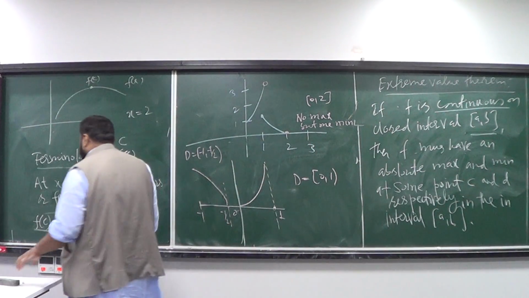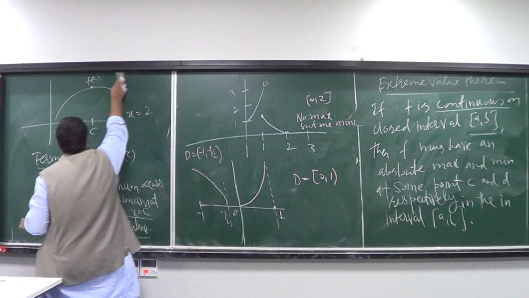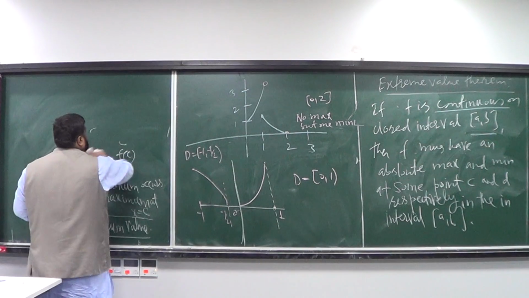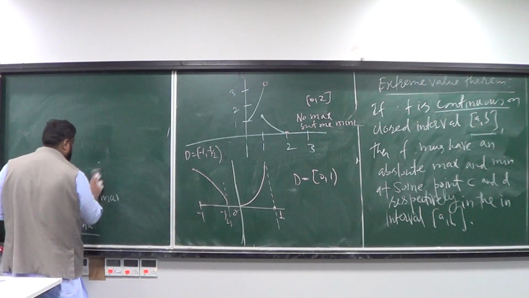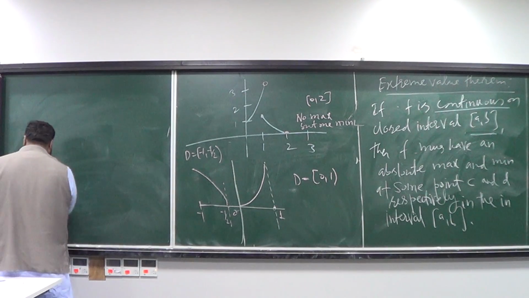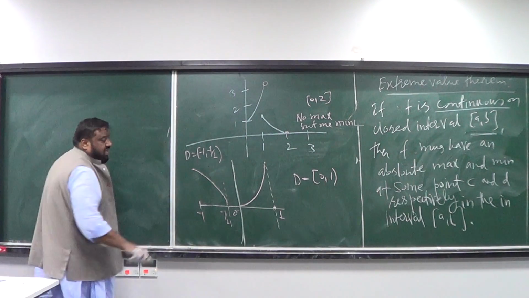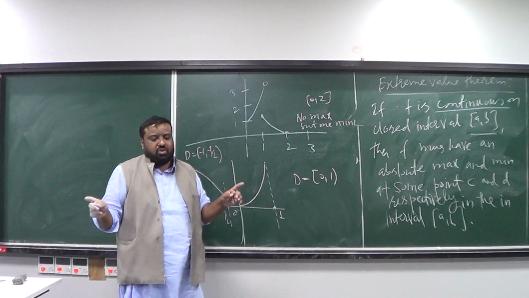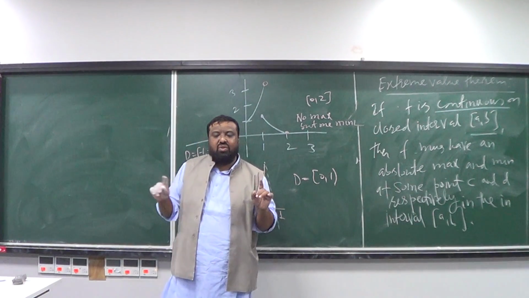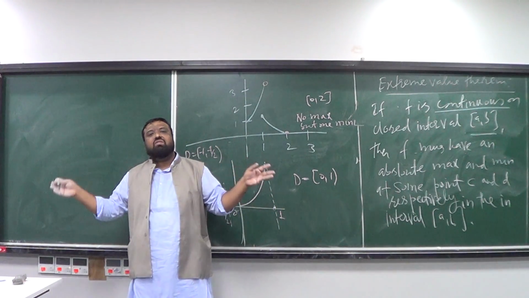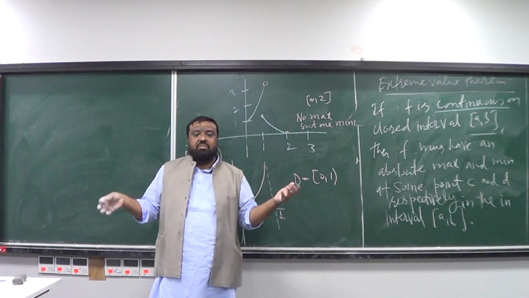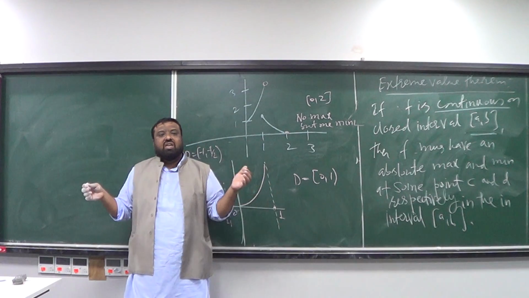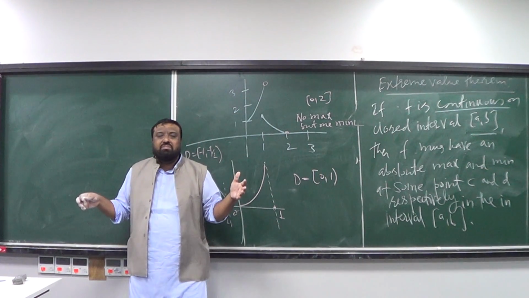Alright. So what is the summary of the discussion so far? What is absolute maximum? The biggest of all, the value of the function that is bigger than all other values in the given domain. We call it absolute maximum or the global maximum. And what is absolute minimum?